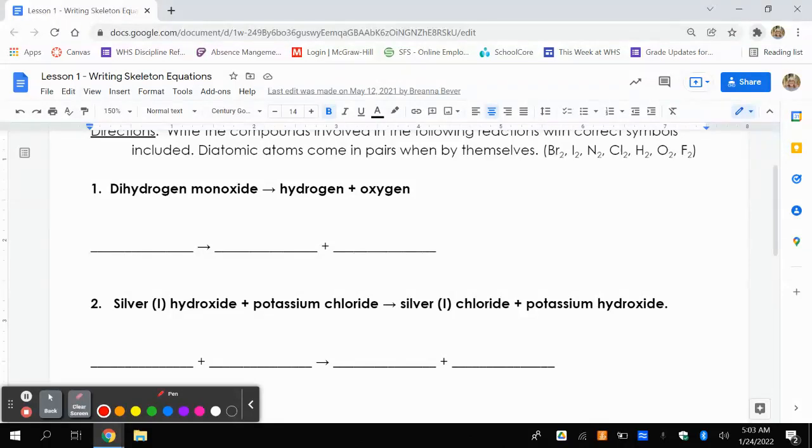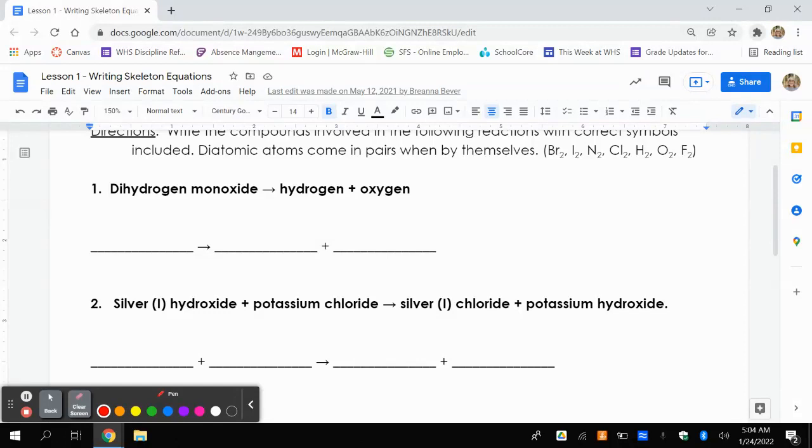Anytime there is a chemical compound, we need to do what we were doing in our last unit. We need to figure out if it's ionic or covalent and then figure out how to write its formula. So dihydrogen monoxide, hydrogen and oxygen are both nonmetals.